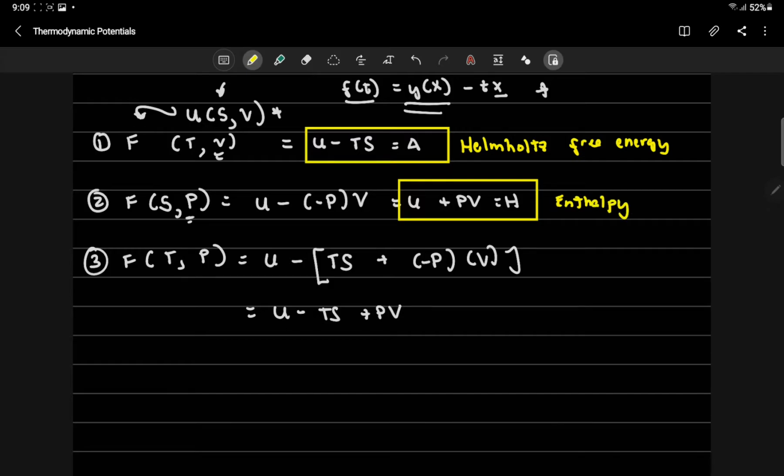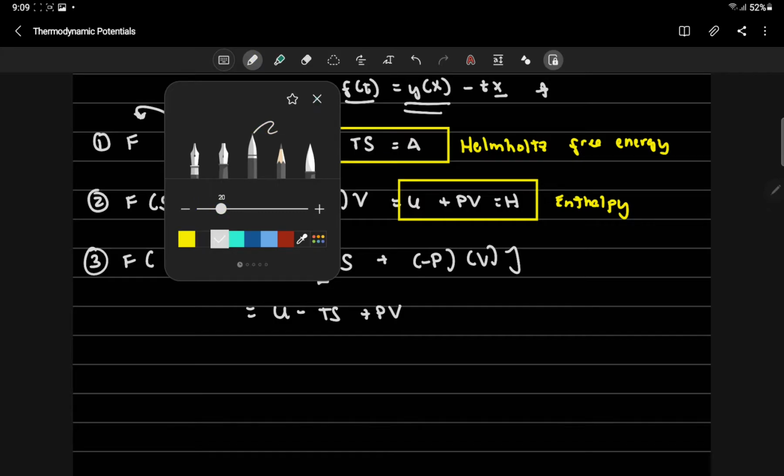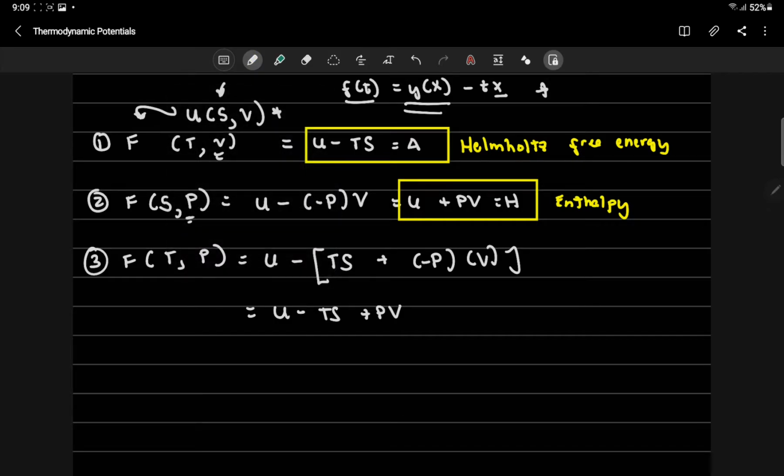And lastly, yung pangatlo, yung U minus TS plus PV. Let's represent the whole thing by the letter G. And I'm sure may idea na kayo kung anong equation to.